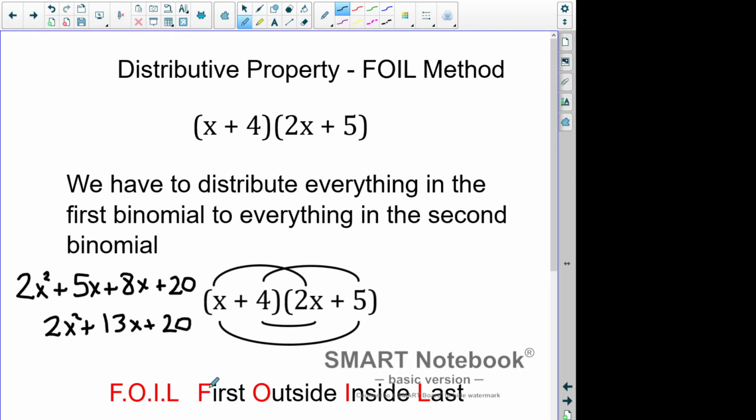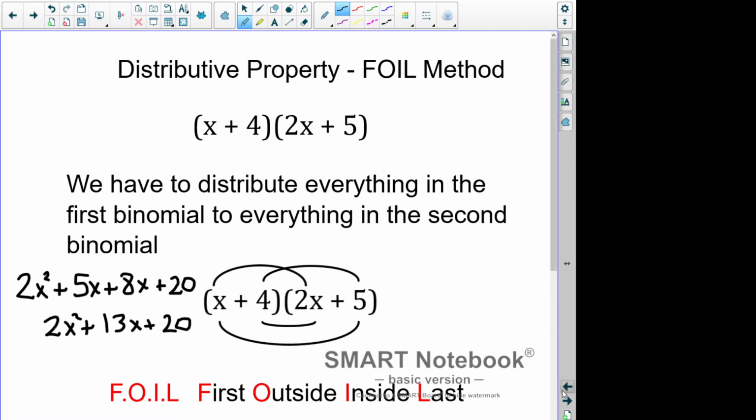So the first terms in each polynomial, the terms on the outside of each binomial, the terms on the inside of each binomial, and then the last terms of each binomial. You're going to multiply all 4 of those together. So this is just another way of doing it. This is actually the same problem we just did on the last example, just done in a different way.